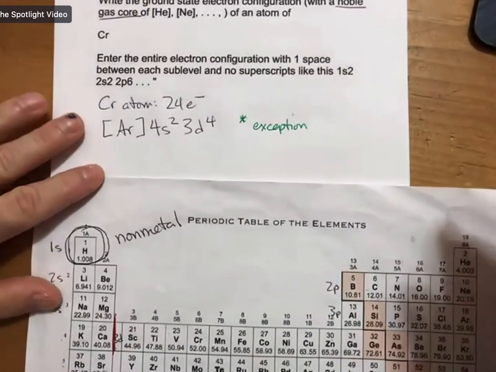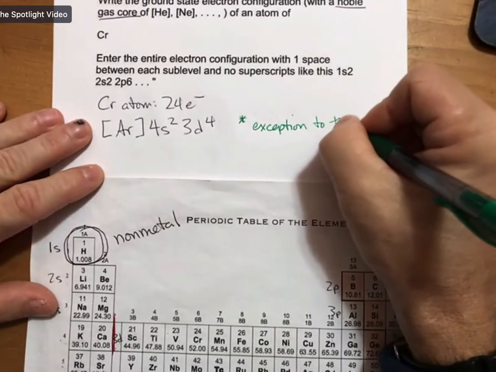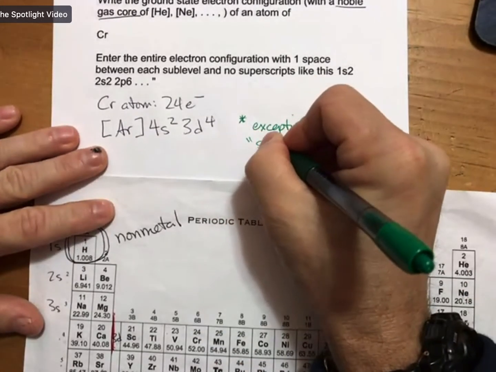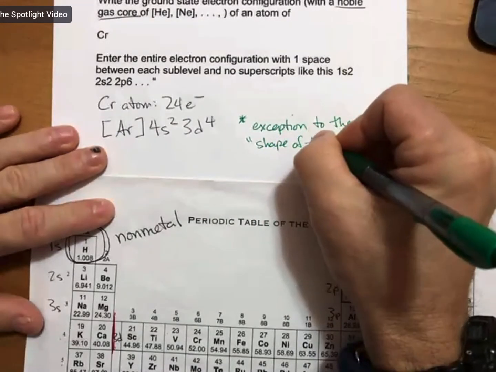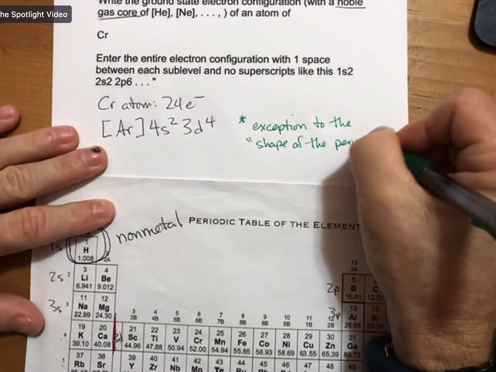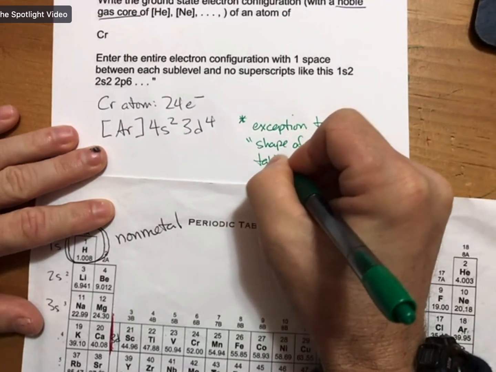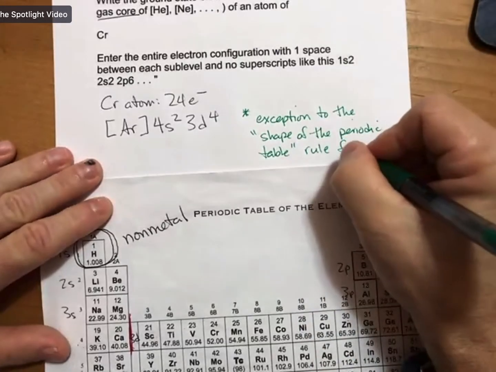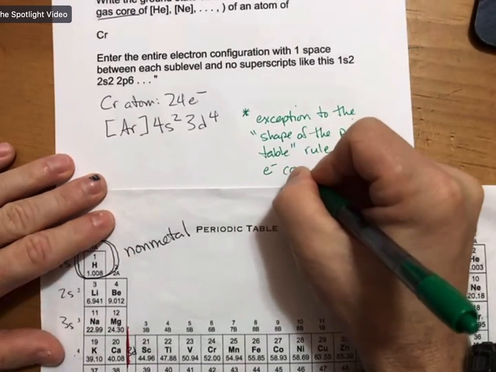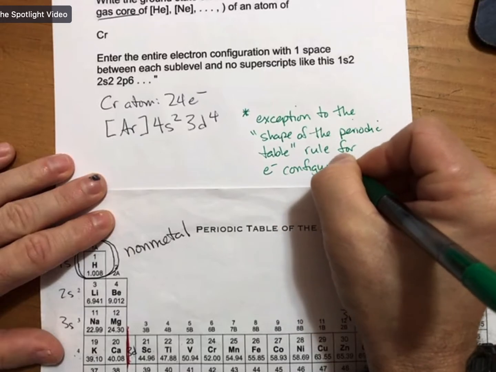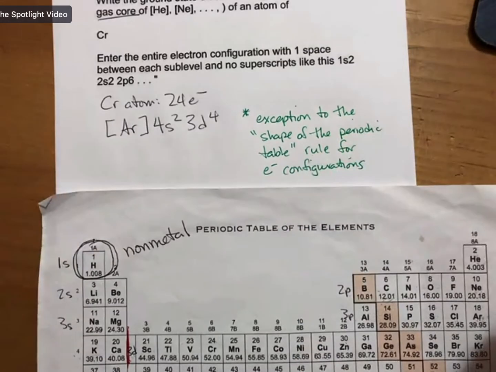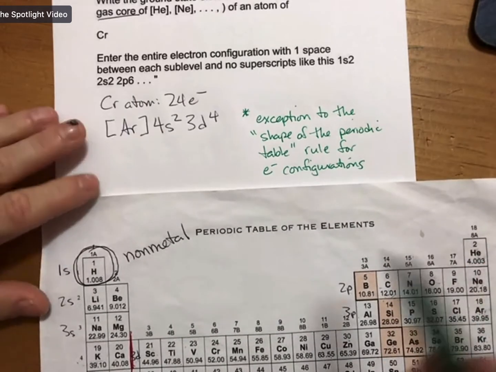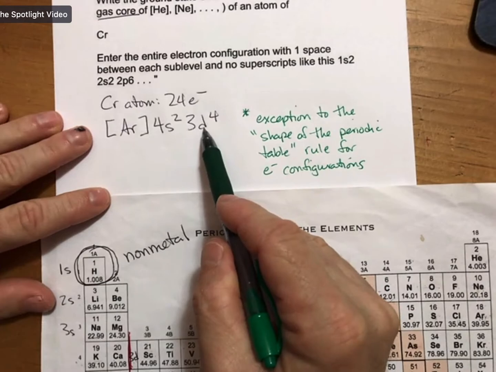What I call it is an exception to the shape of the periodic table rule for electron configurations.